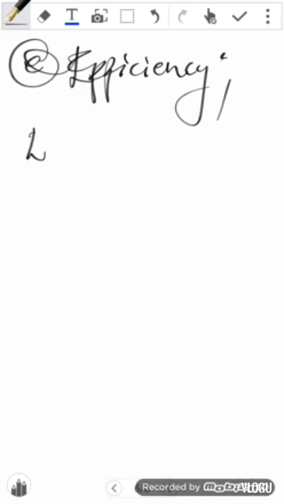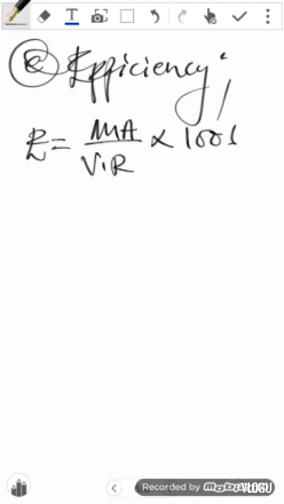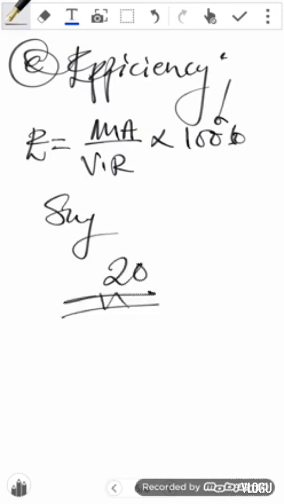We say efficiency is equivalent to the mechanical advantage per velocity ratio expressed as a percentage. So efficiency is mechanical advantage over velocity ratio times 100%. So your answer, say, 20, you will say 20%.